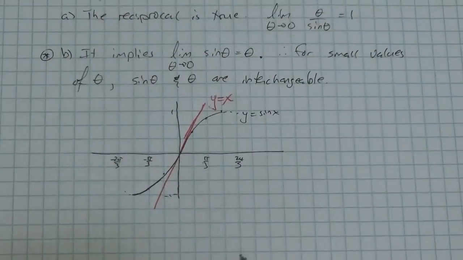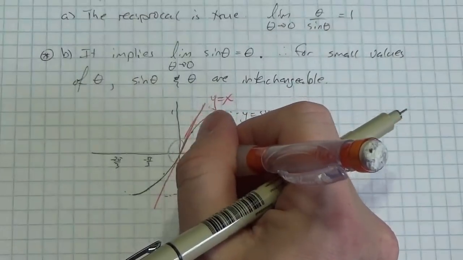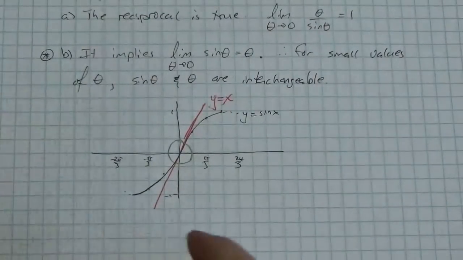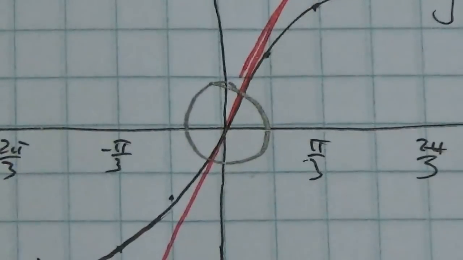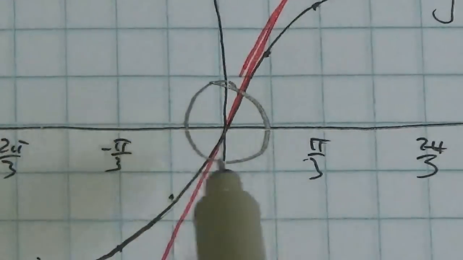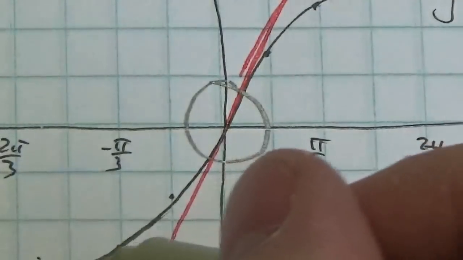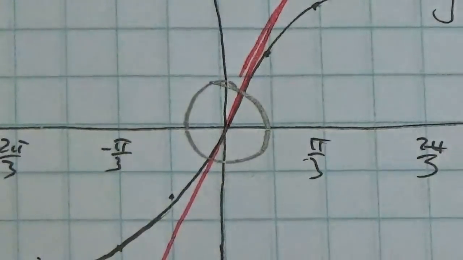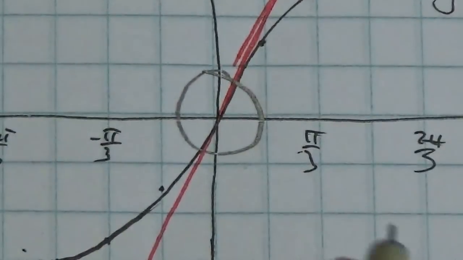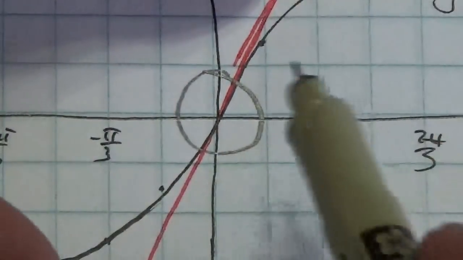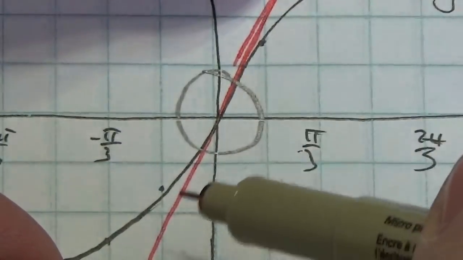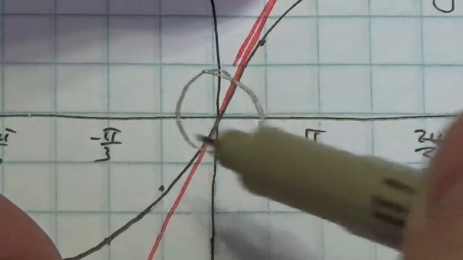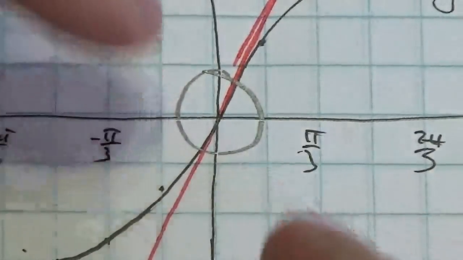What's significant here is as you get closer and closer to 0, these two functions behave the same. That curved sine function, when you zoom in, and I can't go too far here, when you get really, really close, sine behaves like the straight line y equals x, very close to the origin.